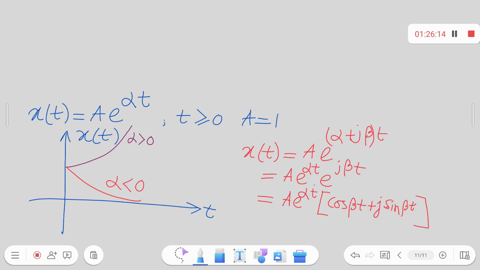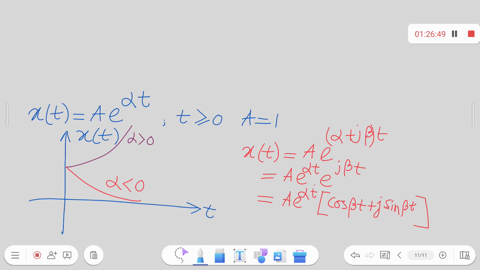So why have I introduced this one? Later on you'll see that this is basically a complex exponential signal, from which you extract the cos part as well as the sine part. A cosinusoidal signal, as well as a sinusoidal signal, can be visualized as part of a complex exponential signal.